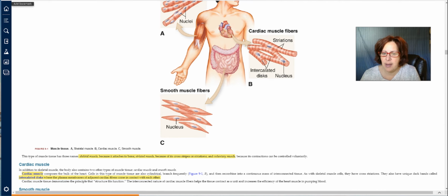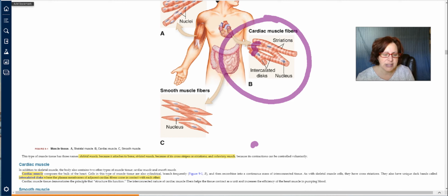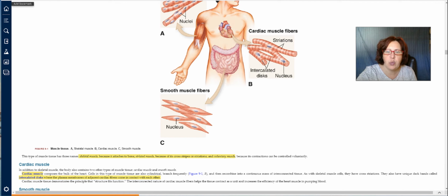An intercalated disc is shown here in this picture, and it's almost like a little stitch holding different muscle fibers together. You can see one here, but you can see them everywhere that it's pointed. It looks like a little stitch holding them together, and that's exactly what an intercalated disc is. It's where the muscle fibers are coming together and being held together to the next one.